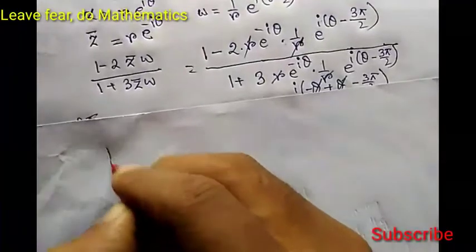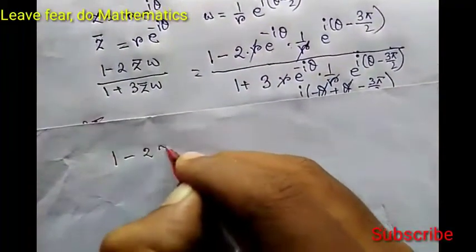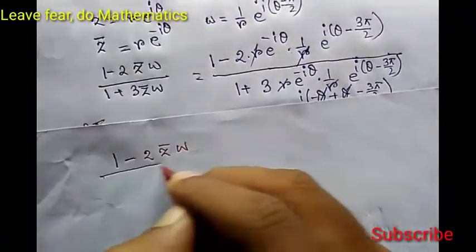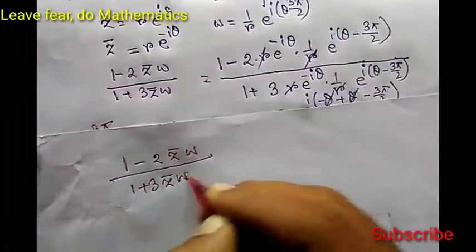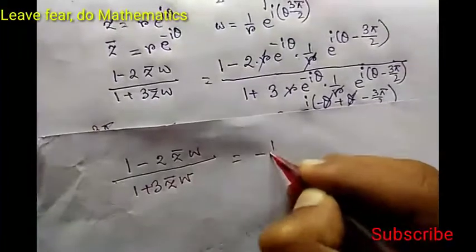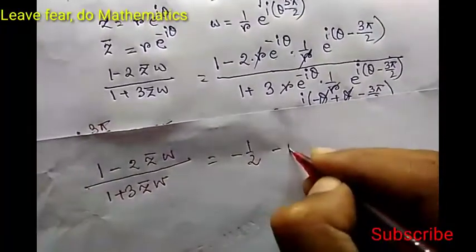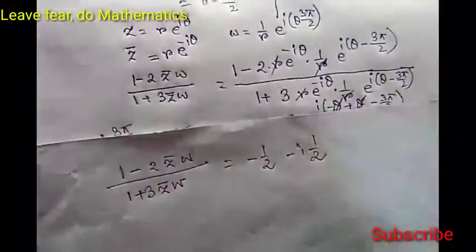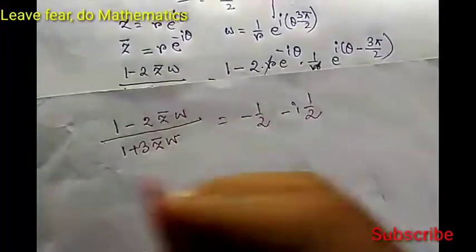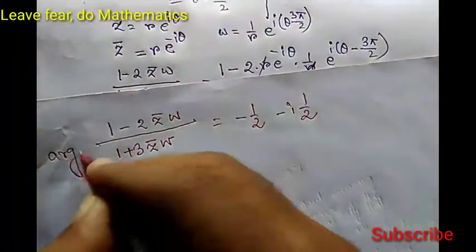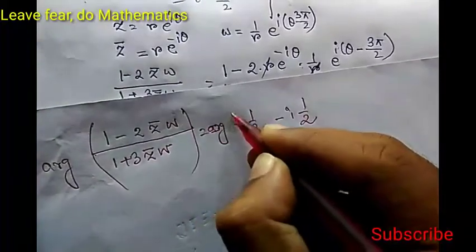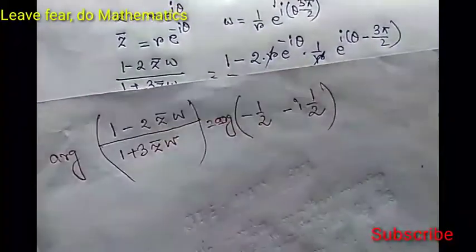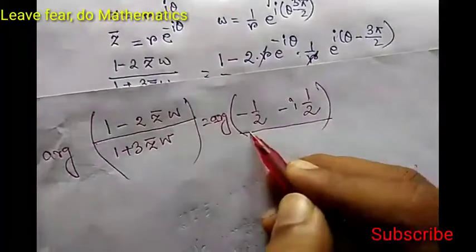We can write this as 1 minus 2 z bar w by 1 plus 3 z bar w, equal to minus half minus i into half. We have to find the argument of this.